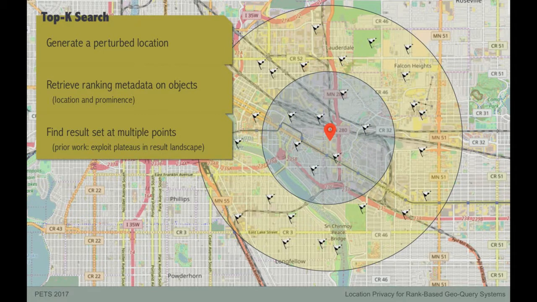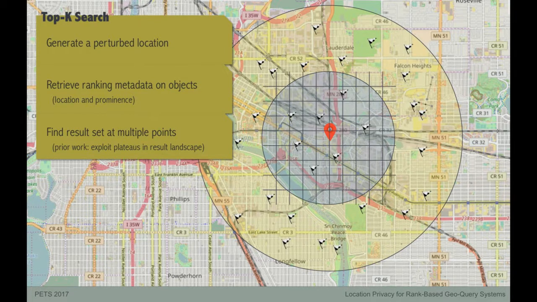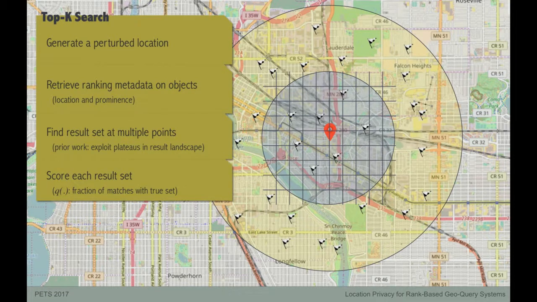Then you move ahead and do a computation on the top k results at multiple points within a certain area surrounding your perturbed point. Then you assign a score based on how much similarity there is between a point and the true result set. You do a set intersection and look at the overlap.